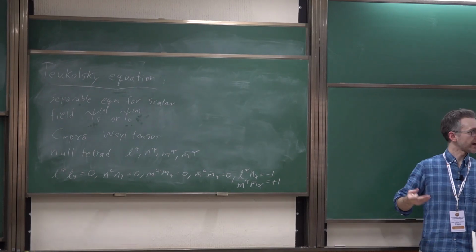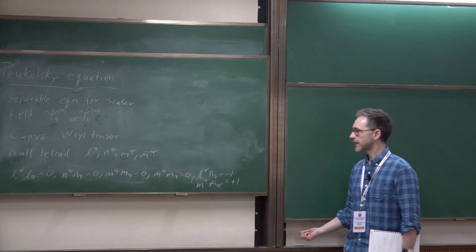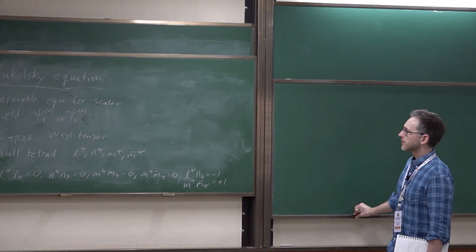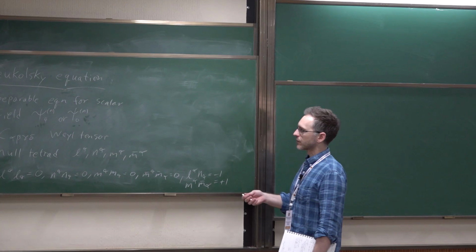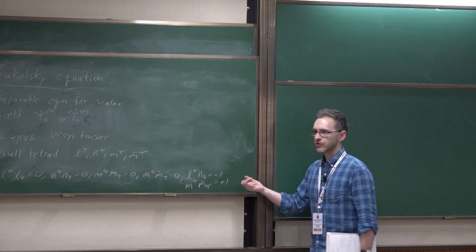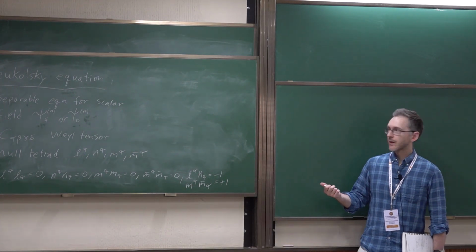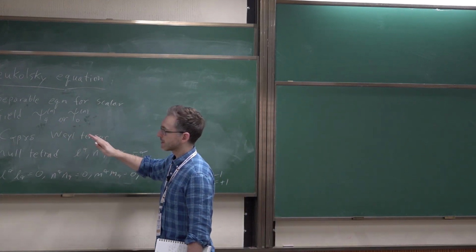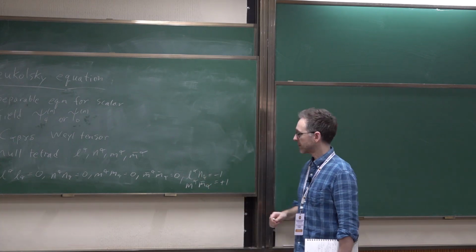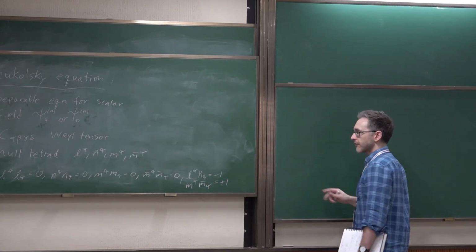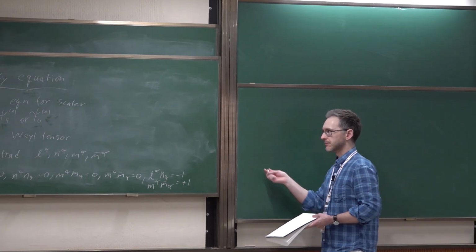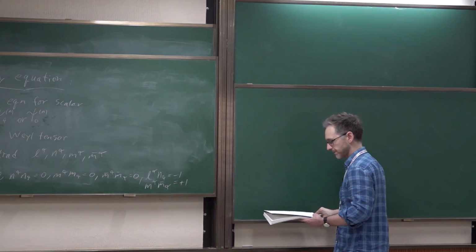So you have some freedom in how you construct these null tetrads, which becomes important because then usually you're looking for objects that are invariant under changes of the tetrad. And at linear order in perturbation theory, psi 4 and psi 0 are both going to be independent of at least infinitesimal changes in the tetrad. They won't be invariant under big transformations of the tetrad.